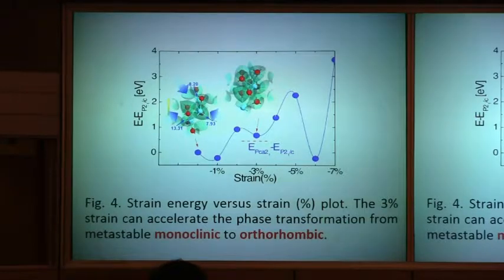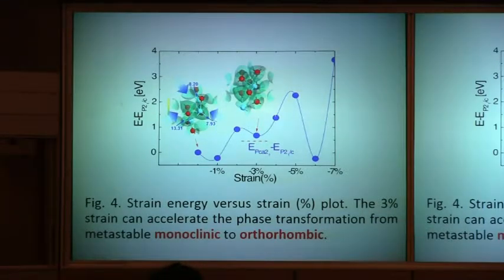And this is another one, the energy versus strain. You can produce an appropriate strain here, then you can produce a good crystal structure here. This is theoretical, by material science principles. You can do it.